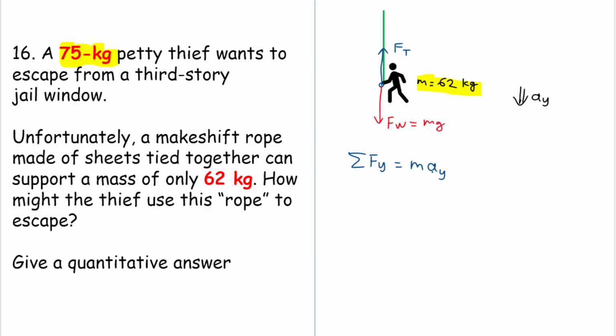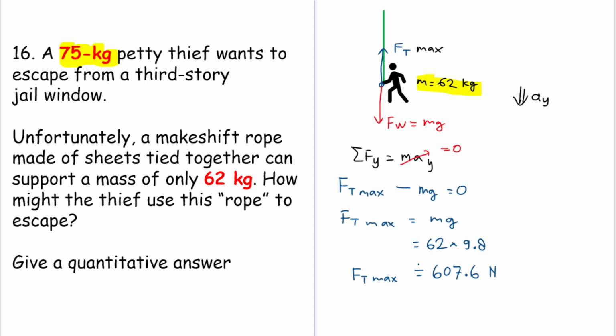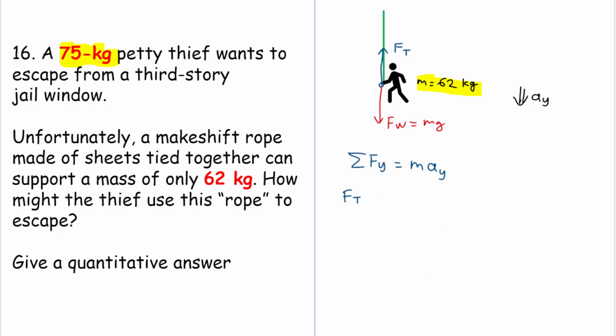Remember that the maximum Ft before breaking is 607.6, and then minus the weight of the thief, which is m times g. Here we don't have the acceleration equal to 0 because he is accelerating downward, so I will have m times the acceleration downward. Let's solve for the acceleration: ay is equal to Ft minus mg, divided by m.